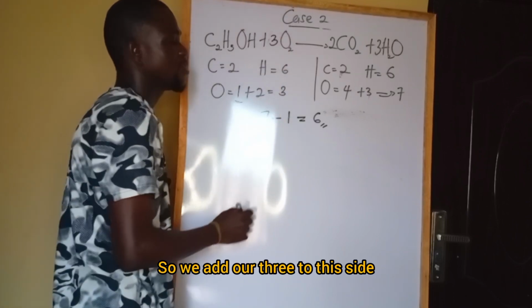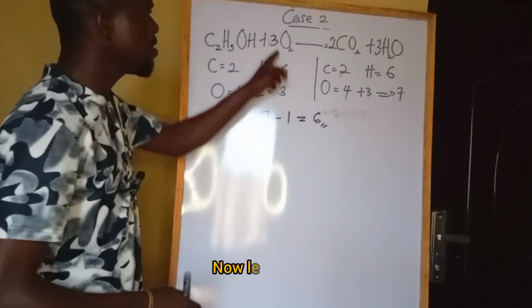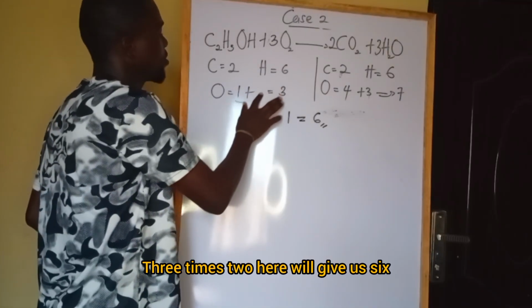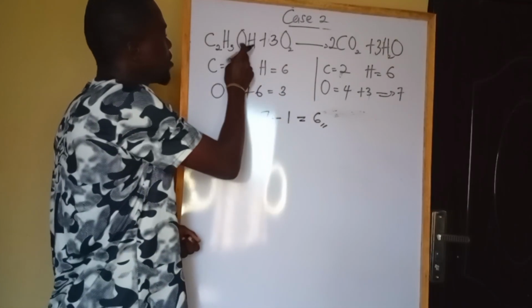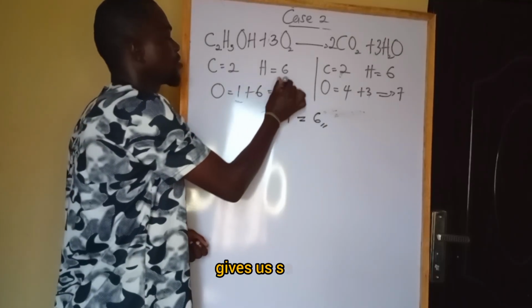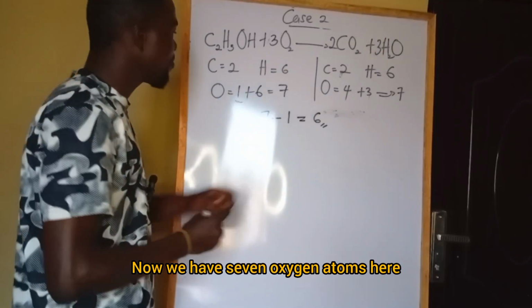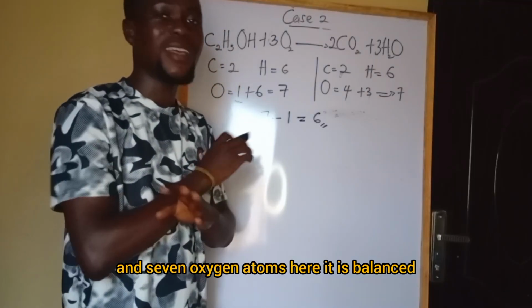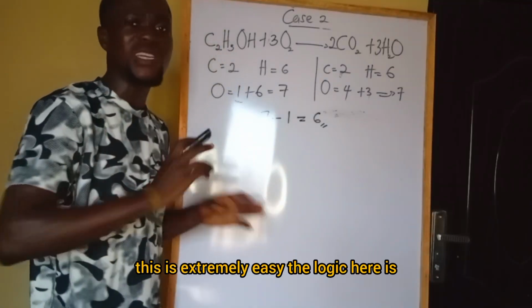So we add our 3 to this side. Now let's check if this is balanced or not. 3 times 2 here will give us 6, plus this one you have here gives us 7. Now we have 7 oxygen atoms here and 7 oxygen atoms here. It is balanced.